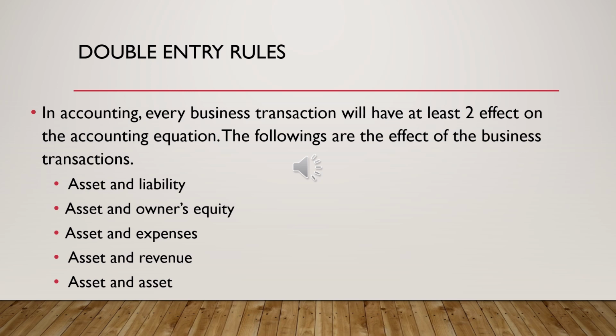Number two, the transaction affects the asset and owner equity. Number three, the transaction is between asset and expenses. Number four, the asset and revenue. And lastly, the transaction is between asset and asset.